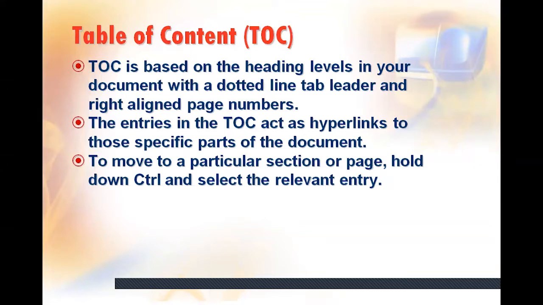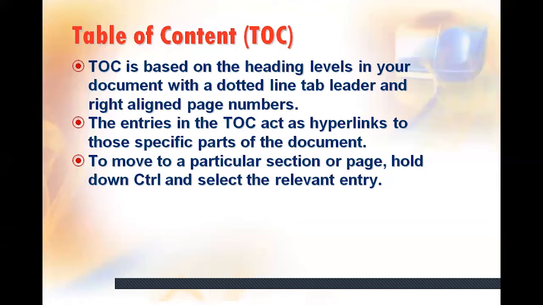Heading levels mean styles; I'll come to that later. It lists the heading levels in your document with the dotted tab leader and right-aligned page numbers. I think you have seen a TOC in documents. That is what we are going to create now. The entries in the TOC act as hyperlinks.